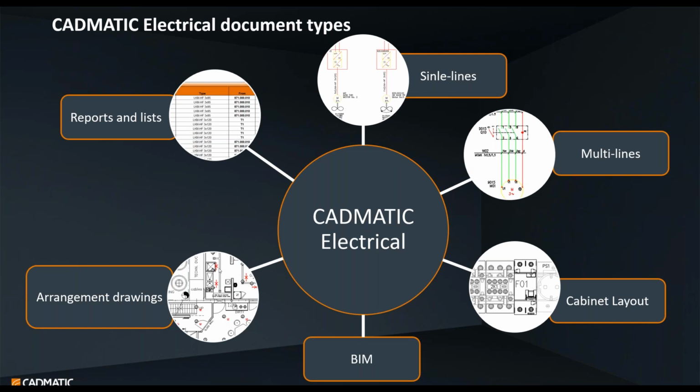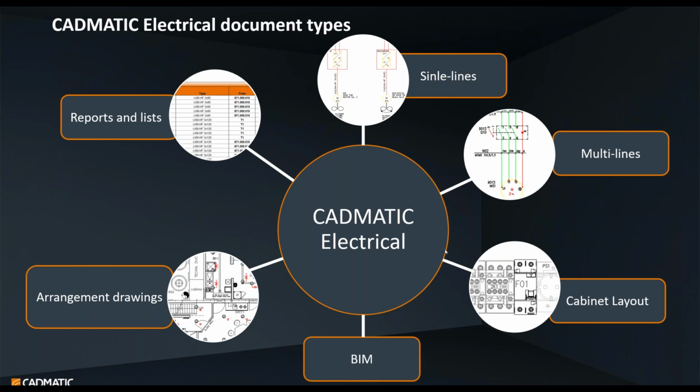The same cable type can be drawn for our arrangement drawing. The same cable type can be listed here on reports. The same cable type can be specified here on the single line drawings. Well, maybe not in the cabinet layout and BIM, but still the other devices can also be specified on the cabinet layout and of course in the BIM model.